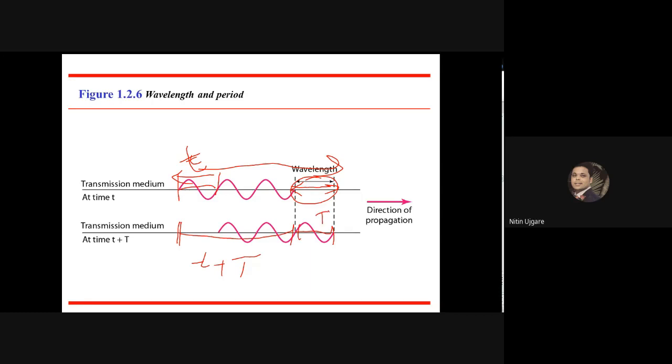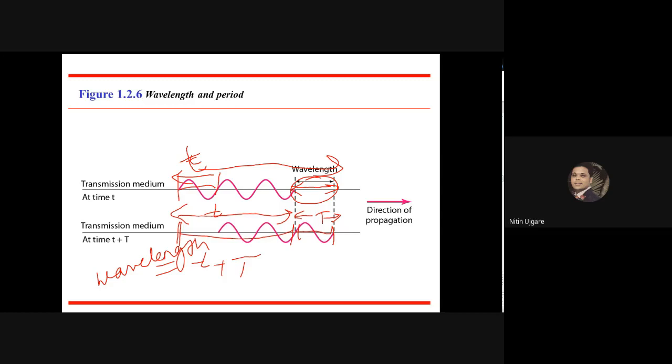That's the reason the wavelength of this second signal is calculated as t plus small t plus capital T. Small t is basically this entire distance. This is represented as t and this is represented as capital T. Right? So that is the wavelength.